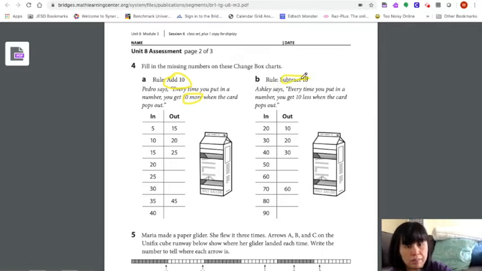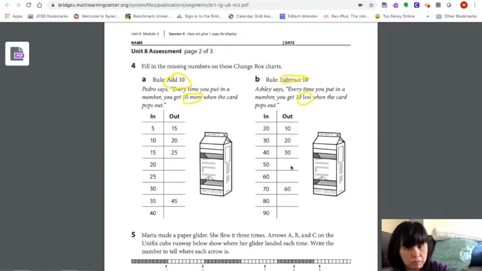Ashley says every time you put in a number, you get 10 less when the card pops out. So that means that whenever you put a card in, the number is 10 less, or that you're subtracting by 10. Okay, so here you see there is 20, 10 comes out.